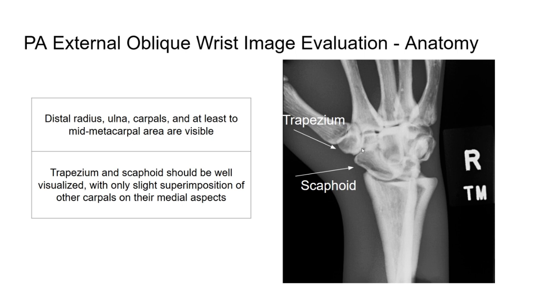So these bones are overlapping right here. Your trapezium has your trapezoid overlapping slightly here. Your scaphoid has your capitate and your hamate slightly getting over here.